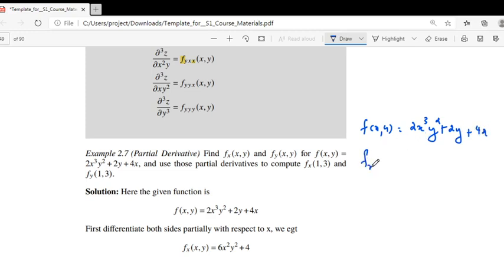It is denoted by fx of xy, that is equal to dou by dou x of this function f of xy. Now we write f of xy in this expression. f of xy is nothing but 2x cube y square plus 2y plus 4x.